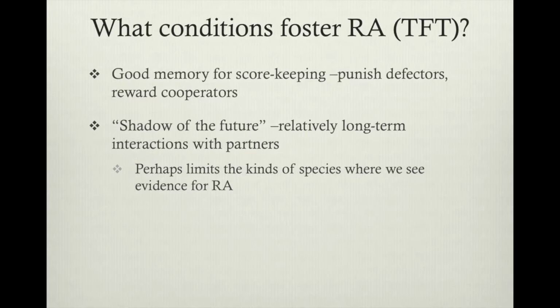Similarly, we don't expect to see reciprocity emerge in solitary species that only come together socially during the breeding season, or in species where there are incredibly high rates of dispersal and you're not likely to interact with the same individuals over and over and over again. So we can look to these ecological cues, these life history cues, and come up with our expectations of the kinds of species in which we would expect to see evidence for reciprocal altruism.